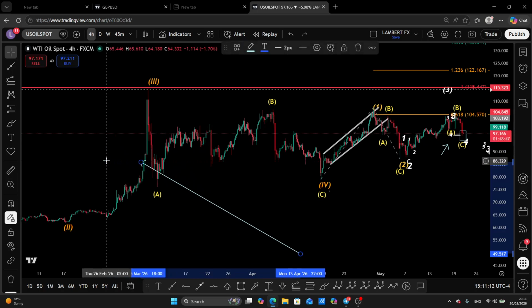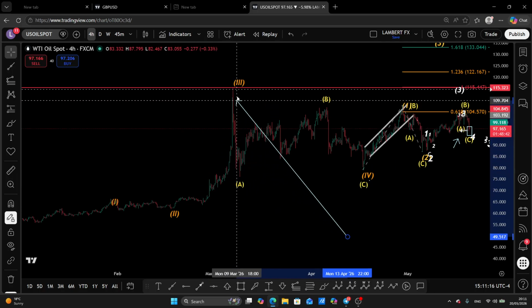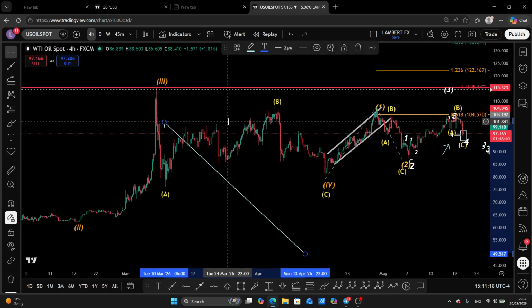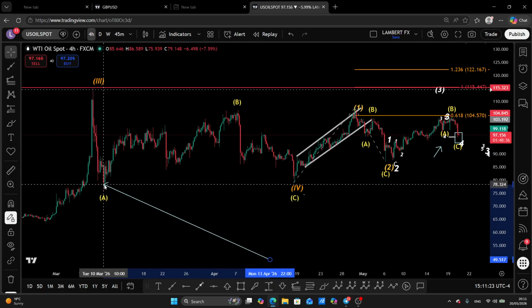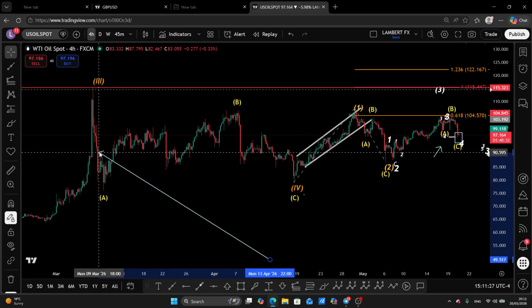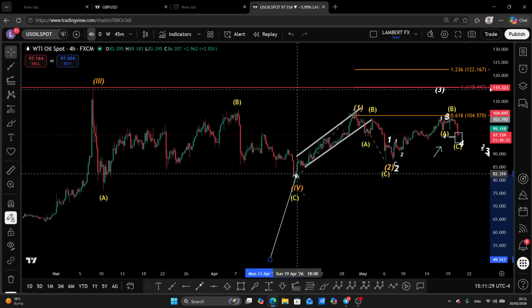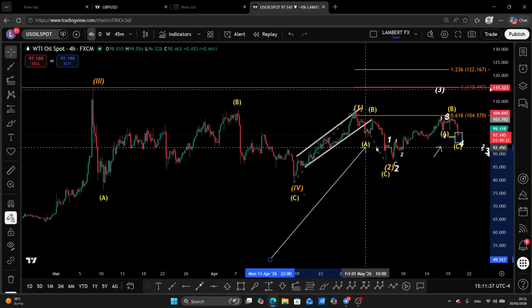We had this big rally to the upside for our leg three, and since then we have been correcting this wave. So we had an ABC correction for 4, and we do need a final push up for 5.